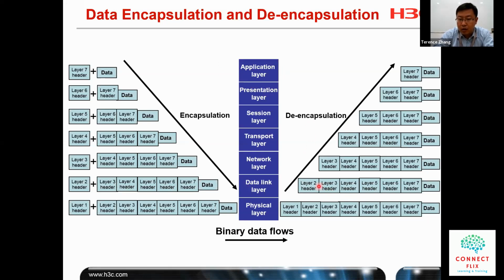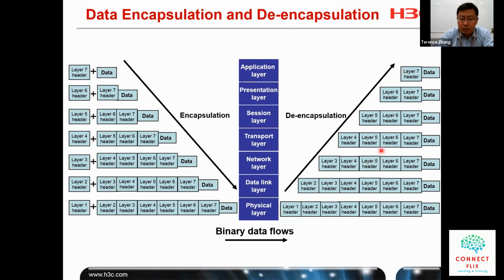Only after the lower layer de-encapsulates the header can the layer get the information it can understand. It understands this was sent from the logical peer, processes the PDU, and passes it up to the upper layer, the upstairs layer.